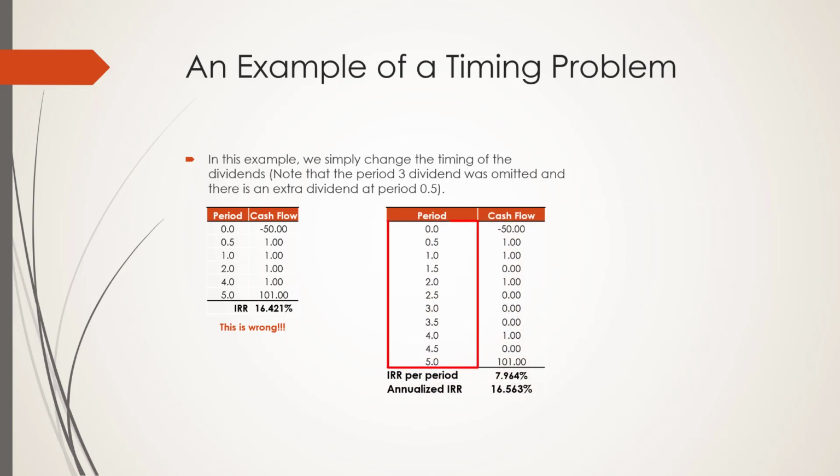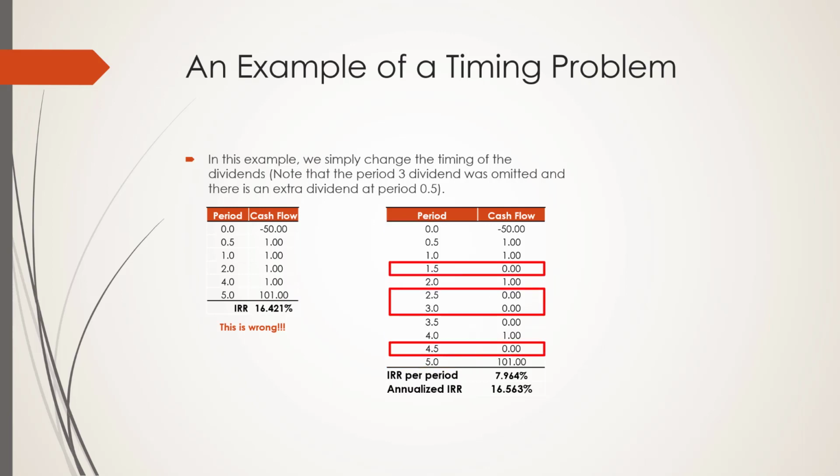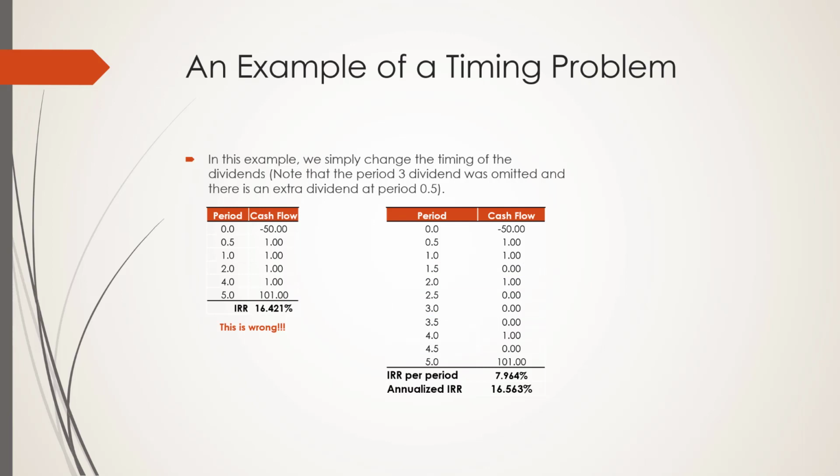Notice what I have done is I have a period every 6 months. And I've got zeros anytime there is no cash flow, such as, let's say, period 1.5. Well, if you look in that table at the left, there is no period 1.5 cash flow, so in the table on the right, I've simply put in a 0 for that. And then if you do this in your calculator, you'll get the correct answer, which is 16.563%. So it's 7.964% per period, which annualizes, because we're doing semi-annual, out to 16.563%.